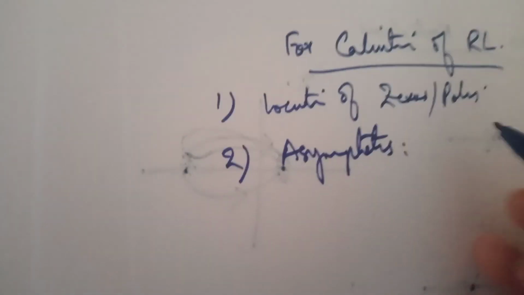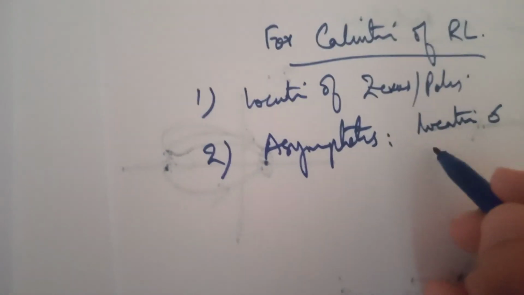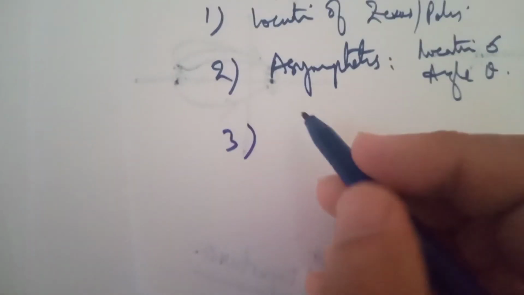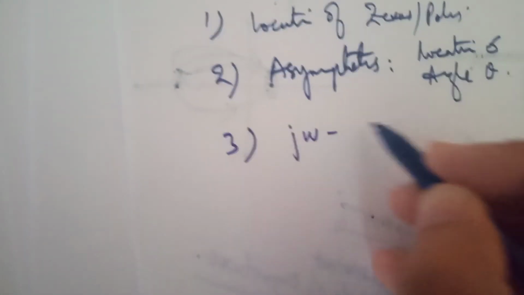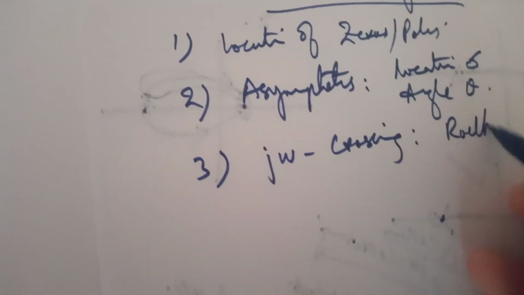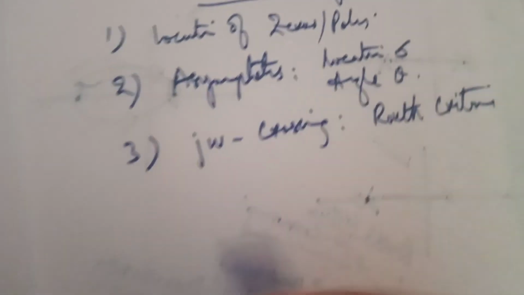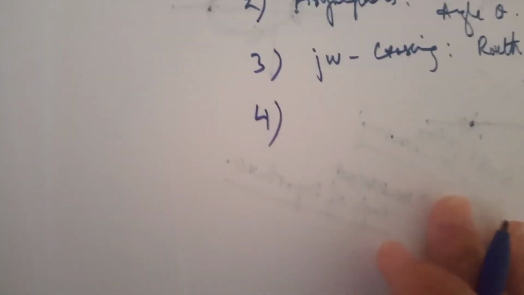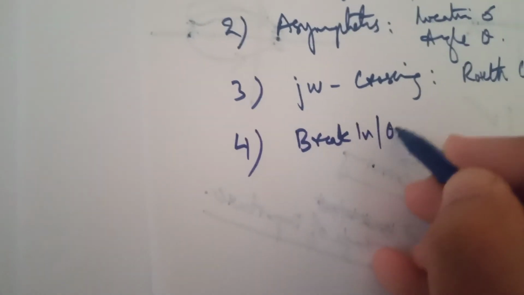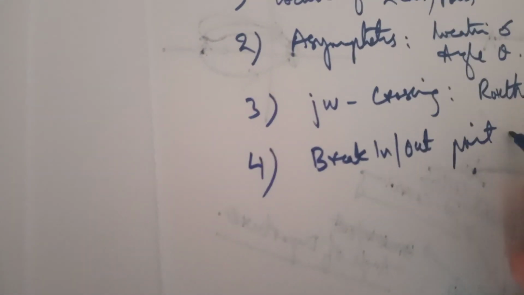Asymptotes have a location, that is represented by epsilon, and an angle, that is represented by theta. Third one that we need is j omega crossing, that we find using Route's table, Route's criteria. Fourth one we need is break-in or breakout points, that we calculate using the characteristic equation.